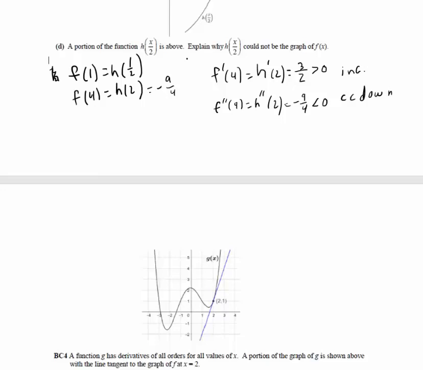This graph is concave up. So you can say, based on concavity, h of x over 2 could not be the graph of f of x.